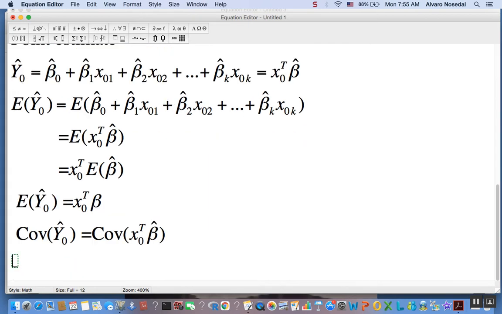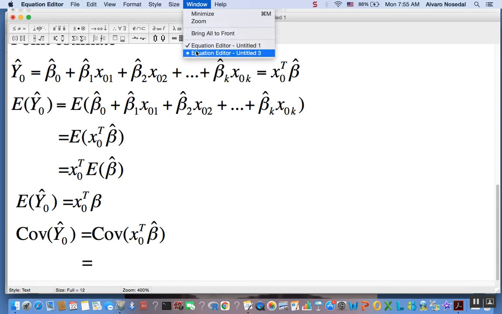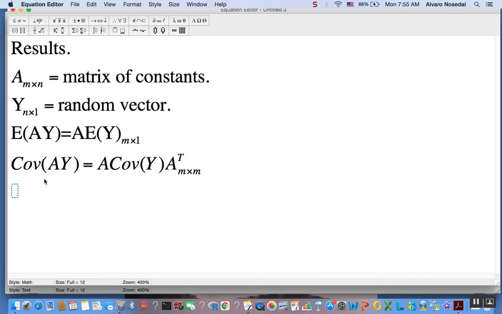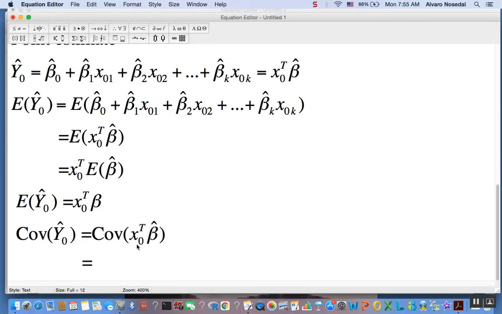Again, this is where our result, the second result that we mentioned at the beginning, will be useful. Now we have a matrix times a random vector, so we pull it out. Then we have the covariance of our random vector times the transpose of that matrix. So let's do that.